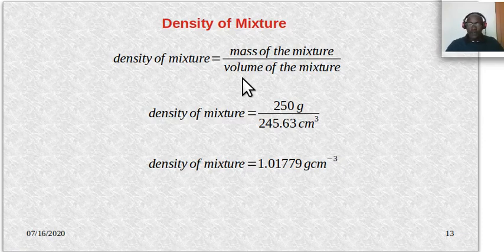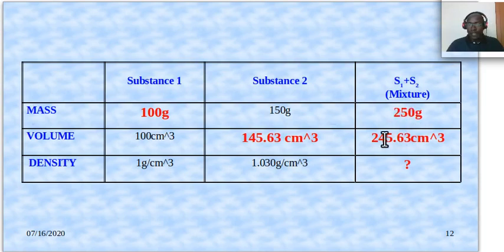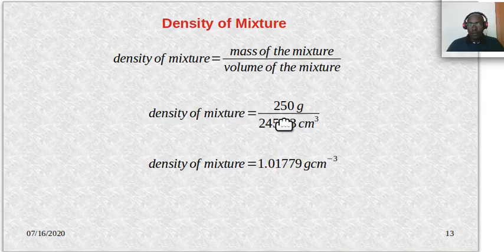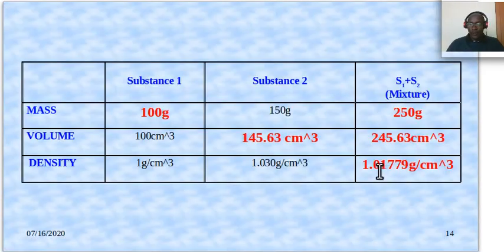And because we have these two, we have the mass here, we have the volume here, we simply substitute: 250 divided by 245.63. You're going to get the density of the mixture as 1.01779 grams per cubic centimeter. Then we can place that in the right box. So now you can see that our table is complete.